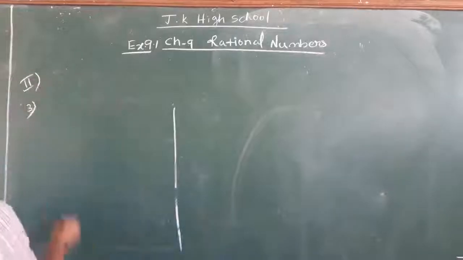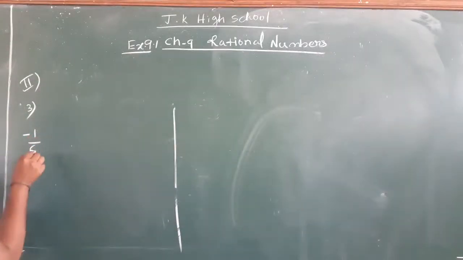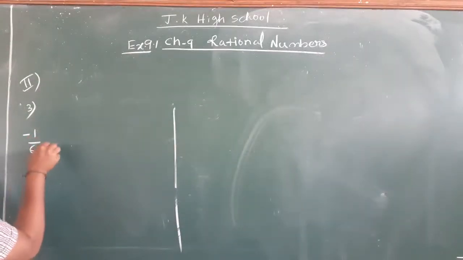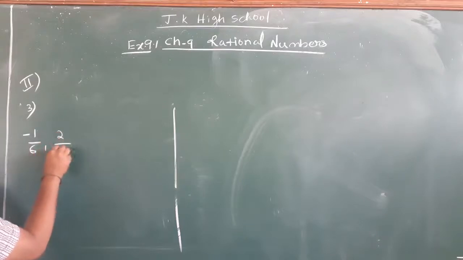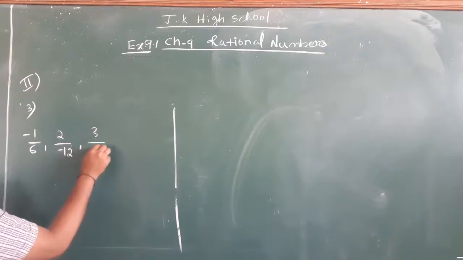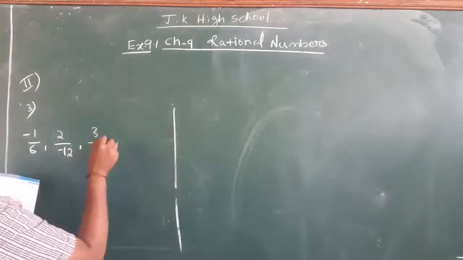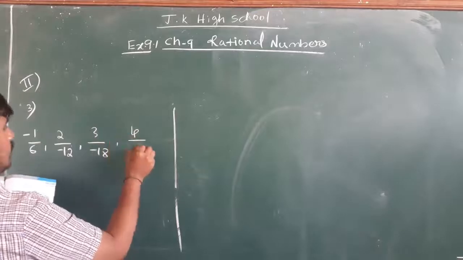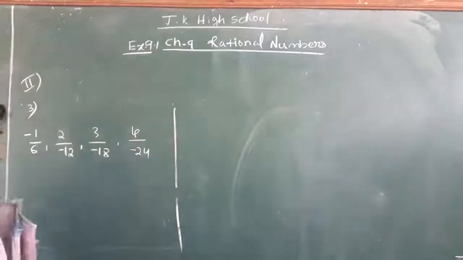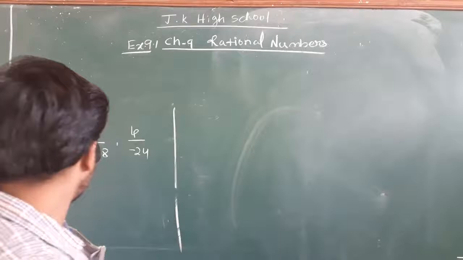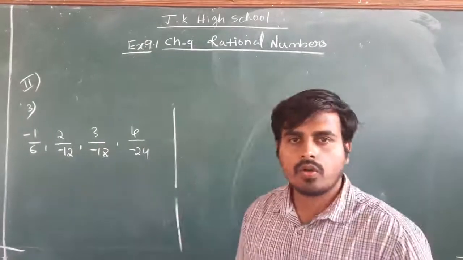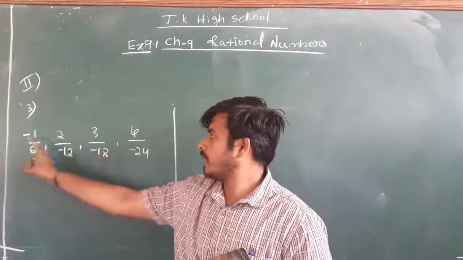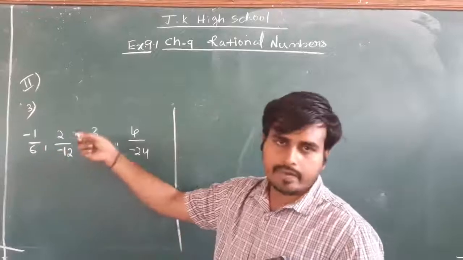Third one: minus 1 by 6, 2 by minus 12, 3 by minus 18, 4 by minus 24. Look here, you can observe, I told you, you can write minus in the numerator or in the denominator, anywhere.